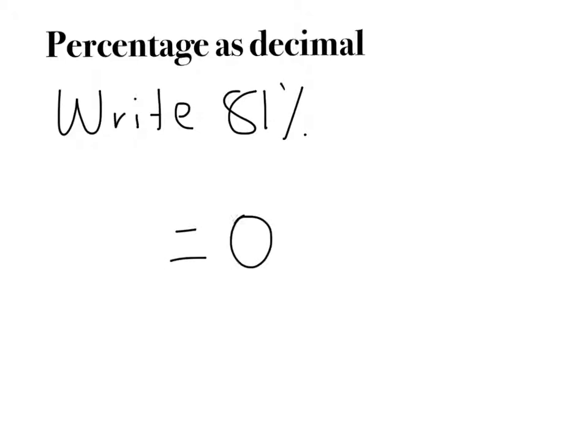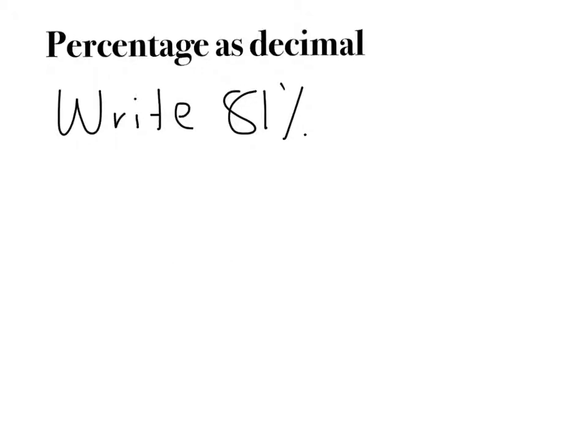Now, percentages as decimals, that's a total other ball game, and it is so easy. If I get a question, write 81% as a decimal, that's simply 0.81. All I've done there is pop my decimal point in, my 8 goes there, my 1 goes there. I can do that with absolutely anything.